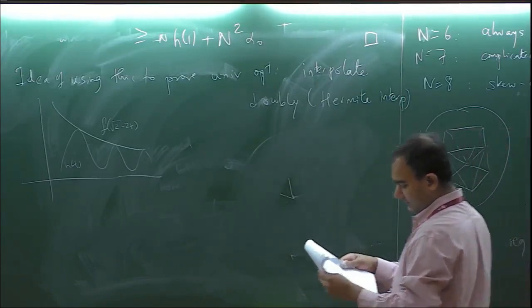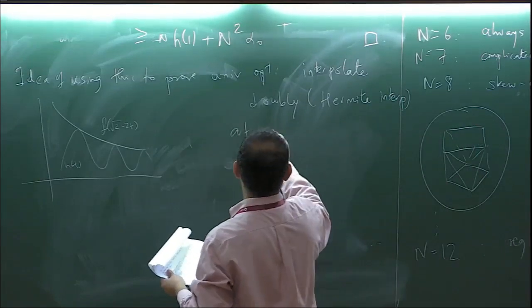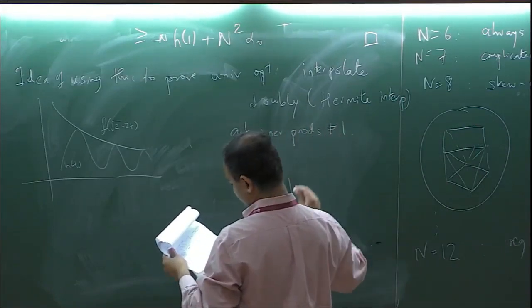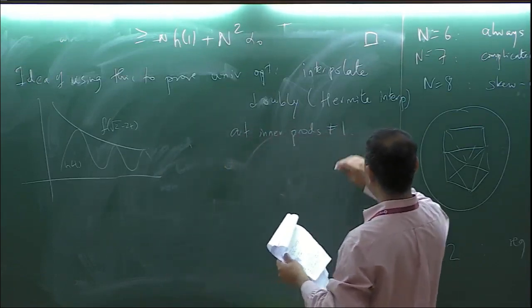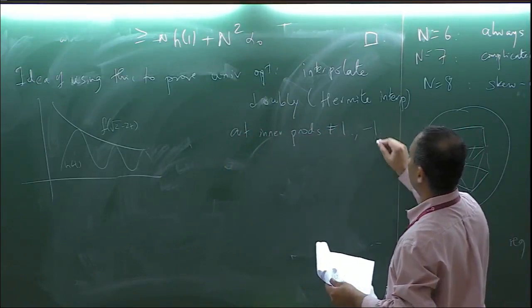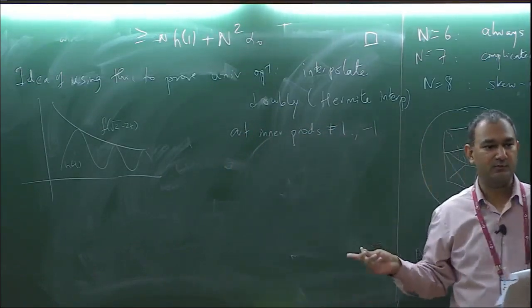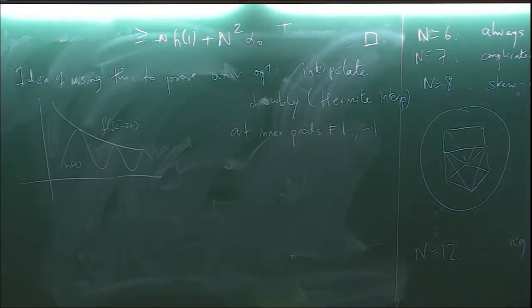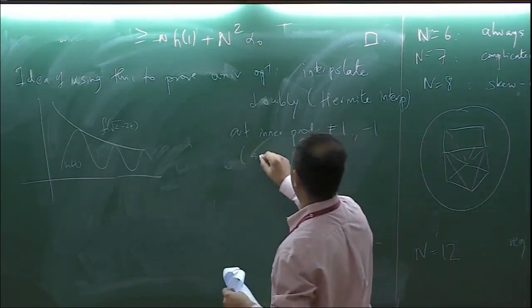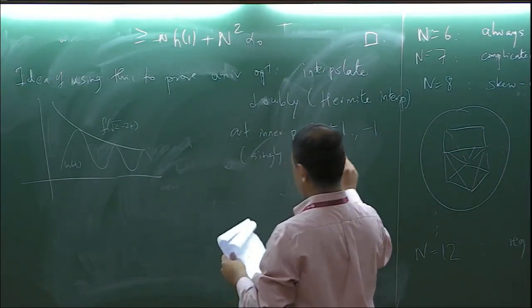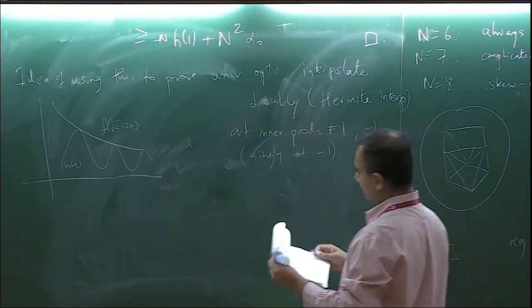You can do that at inner products not equal to 1. And also at minus 1. But at minus 1 you are allowed to interpolate singly, because there's nothing beyond minus 1, you can do single interpolation at minus 1. Okay, you're allowed to do that.